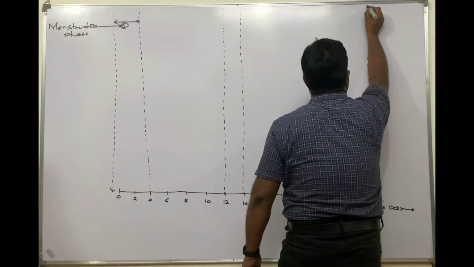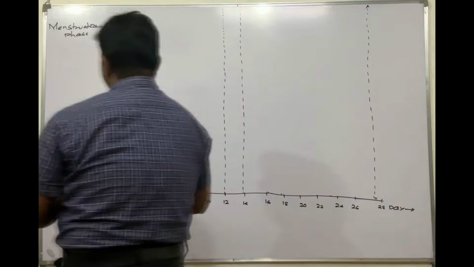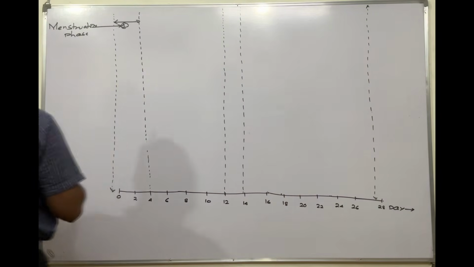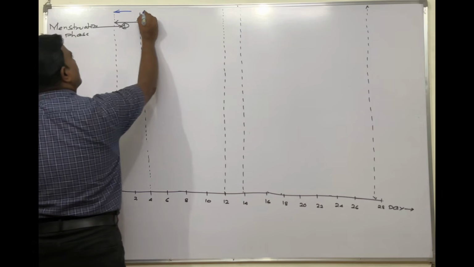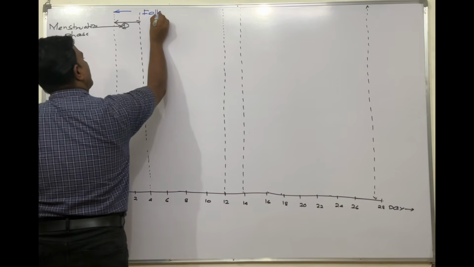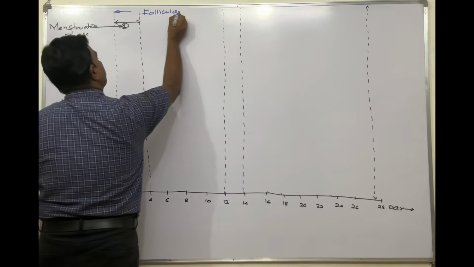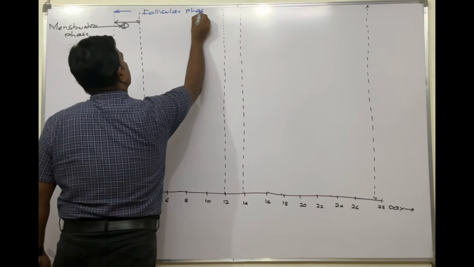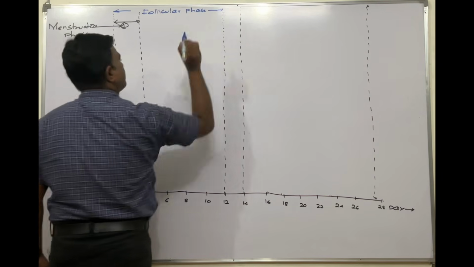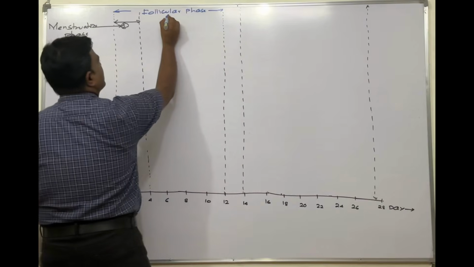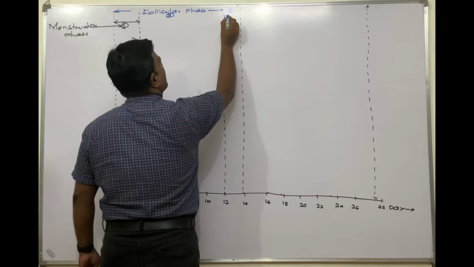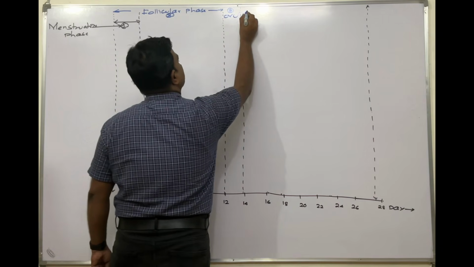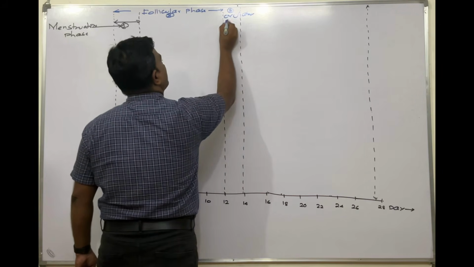So 28 days. Now see, what are these phases? Follicular phase starts from here, no doubt, but I have classified this. This is the follicular phase. It will end here. I can say it is number 2. Number 3, ovulatory phase or ovulation.